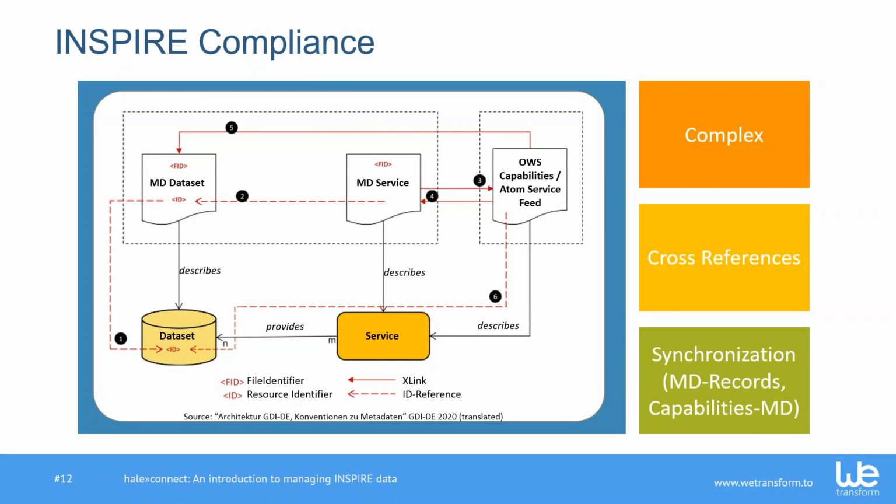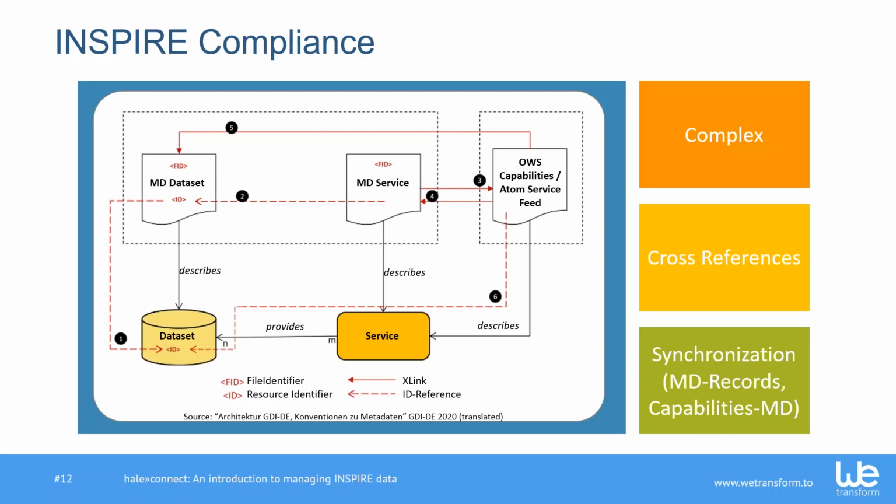All right, so when we speak about INSPIRE compliance, this is a good visualization of some of the challenges that we're facing. This visualization describes a few of the resources required for INSPIRE compliance. On the bottom left-hand side of the diagram, you can see our data set, so our INSPIRE data set.